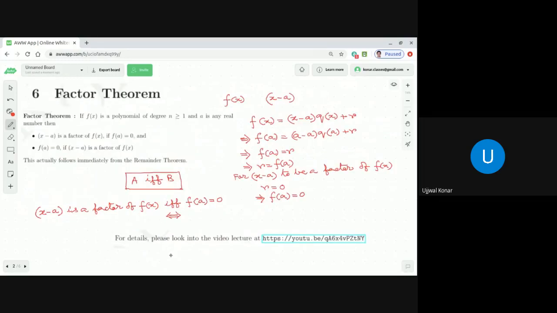Look here. x minus a is a factor of f(x) if f(a) equals 0. Correct, no? So now what is a here? In context to our question, what is a? a is -1, no? Because f of -1 is 0. So then what will be the factor? x minus of -1, that is x plus 1.